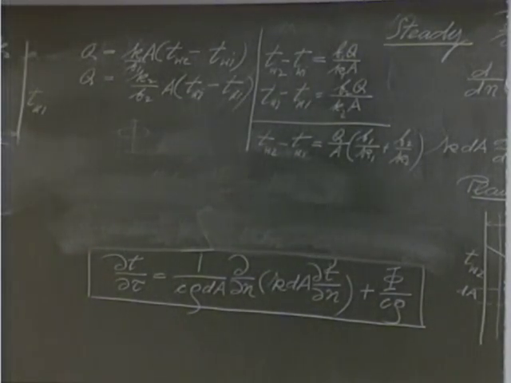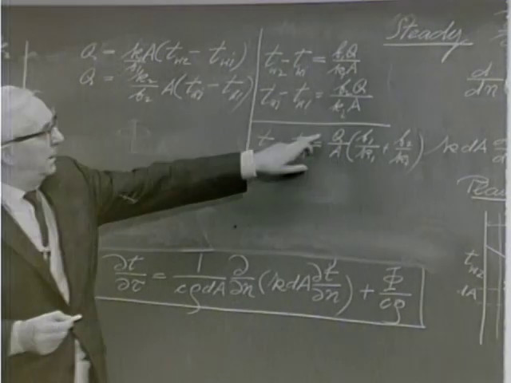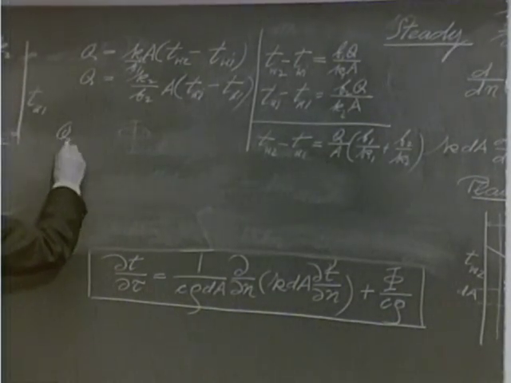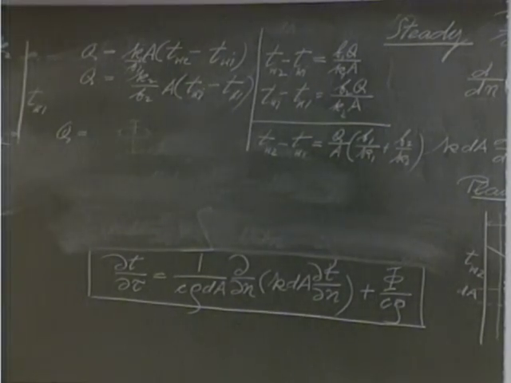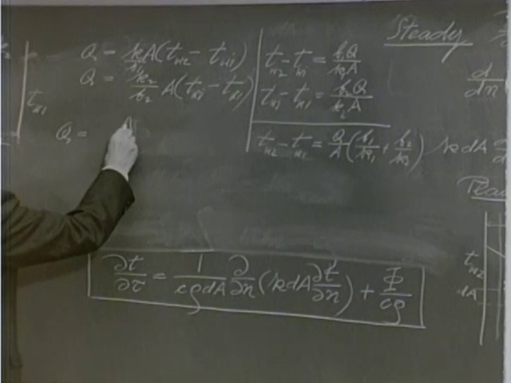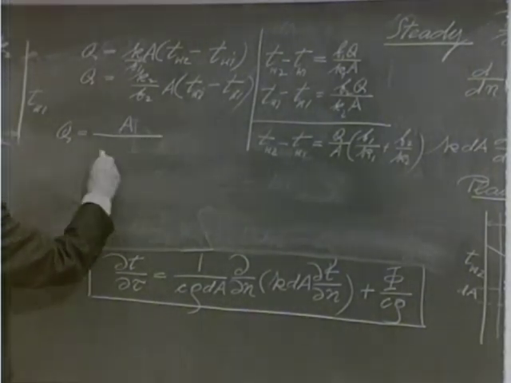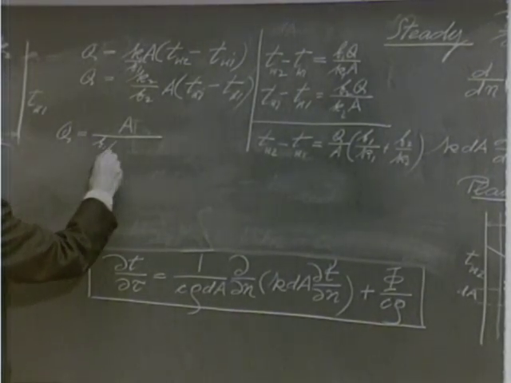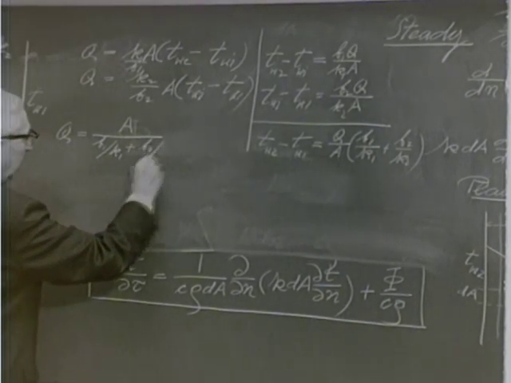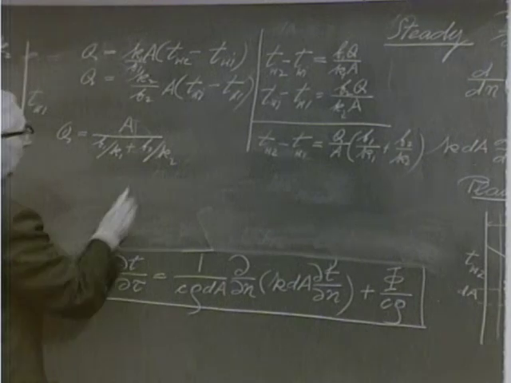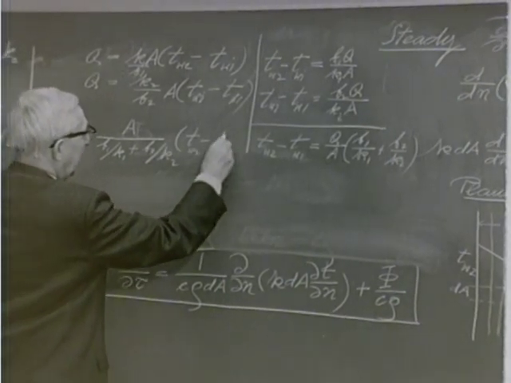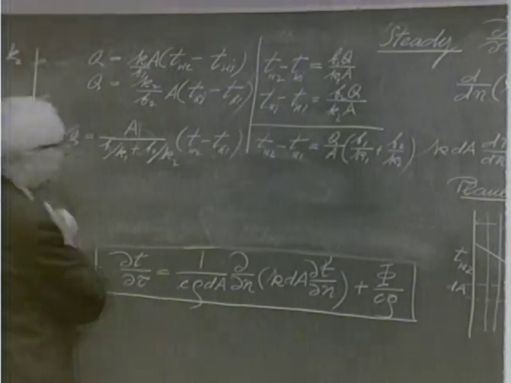And this is really the answer which I want. If I want to calculate the Q, all I have to do is to solve this for Q. So I get Q is equal to A divided by B1 over K1 plus B2 over K2, times TW2 minus TW1.